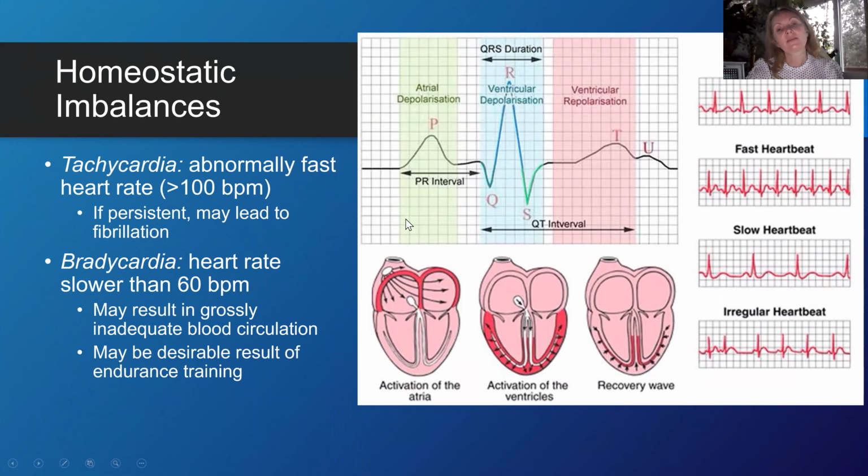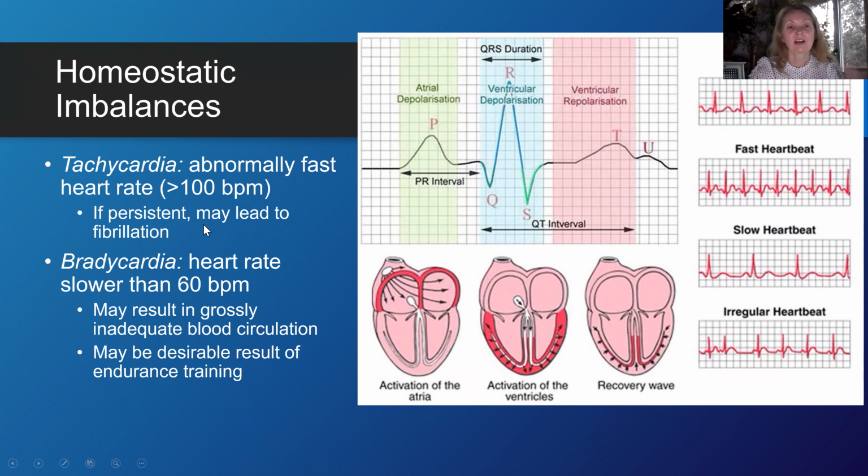And very quickly, because we're talking about contraction, what is our normal sinus rhythm? About 70 beats per minute. And if somebody has a heartbeat of more than 100 beats per minute, it's called tachycardia. And if somebody has a heart rate slower than 60 beats per minute, it's called bradycardia.